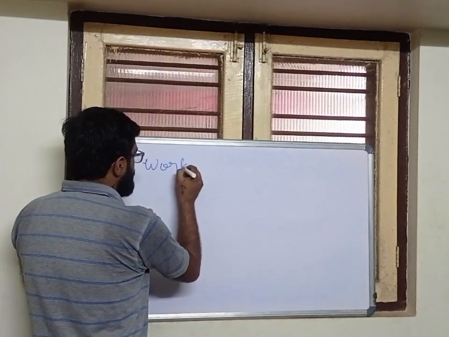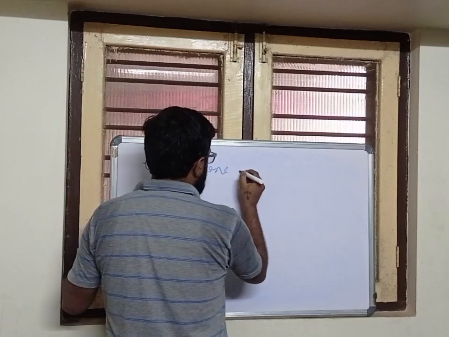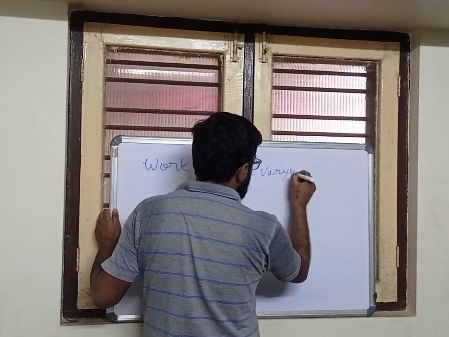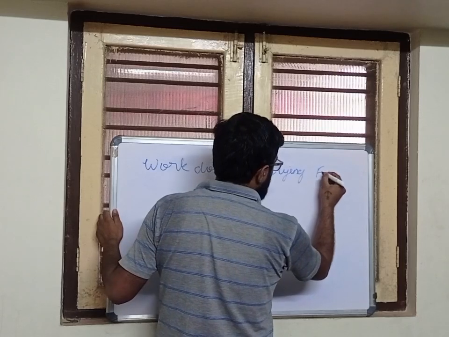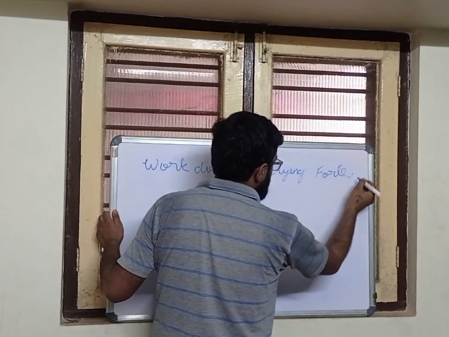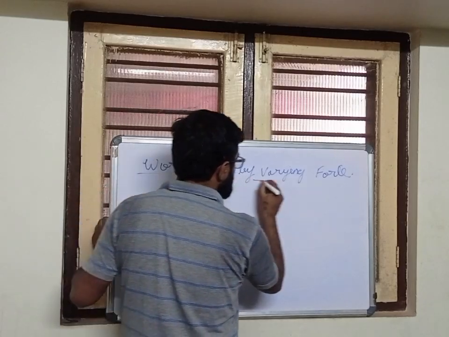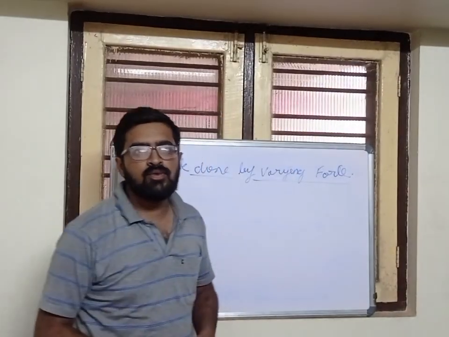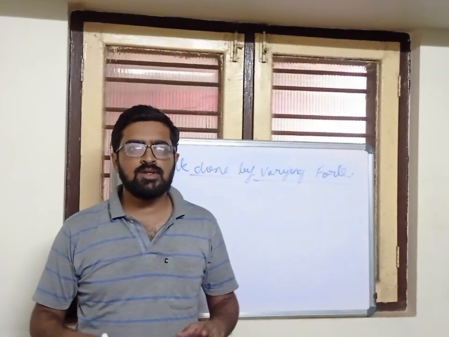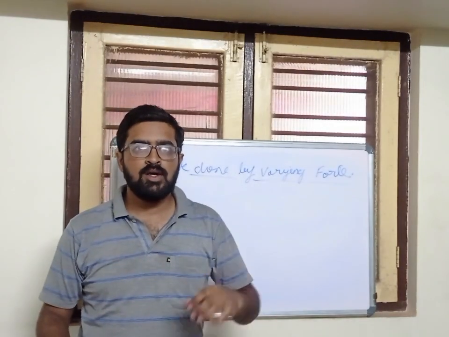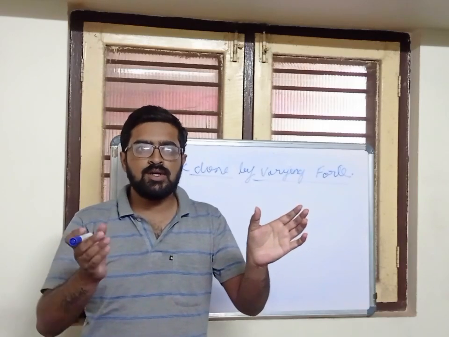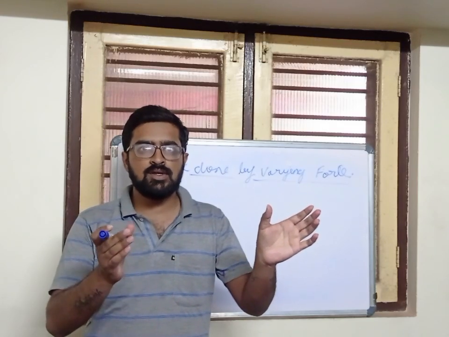Work done by varying force. Suppose there is an object here, for example, a train. A train's engine is moving, applying force and pulling the other bogies of the train.